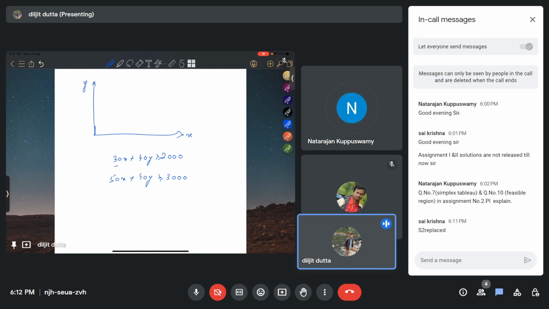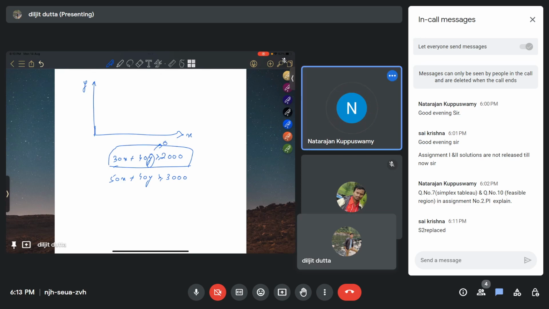For the first equation, to get the line you need at least two coordinates. To get the x coordinate, we put y equal to 0. In that case we get x equals 2000 by 30, which is 66 point something.